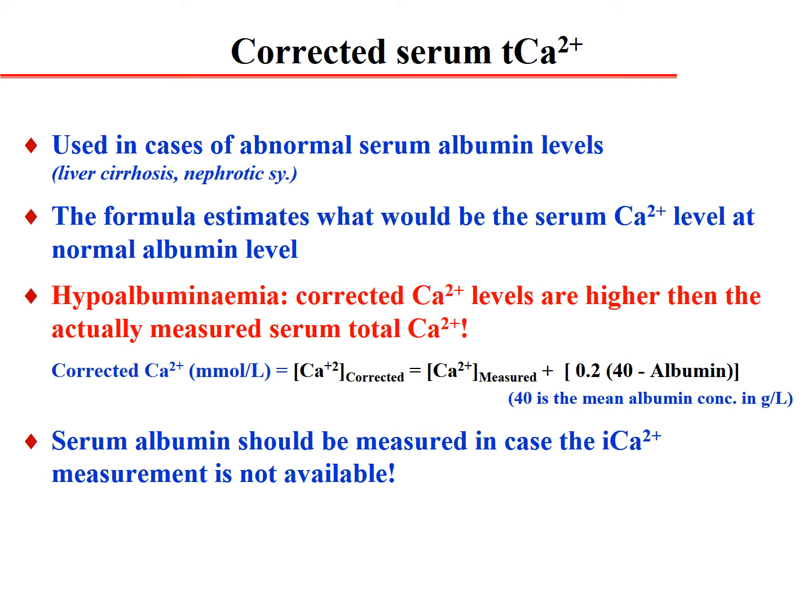The corrected calcium level is the measured calcium plus 0.2 times the difference between the normal albumin concentration in gram per liter, such as 40, and the measured albumin concentration. The serum albumin should be measured if the ionized calcium is not available.